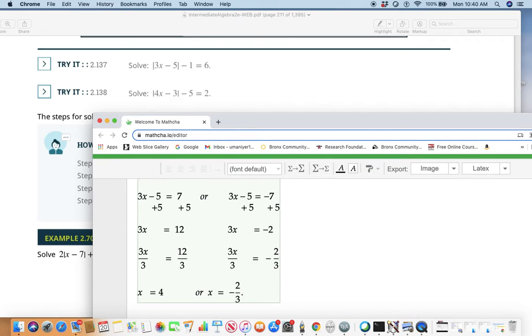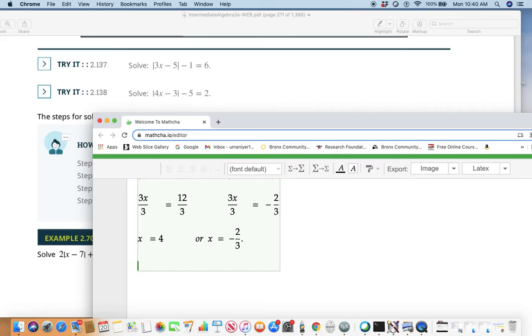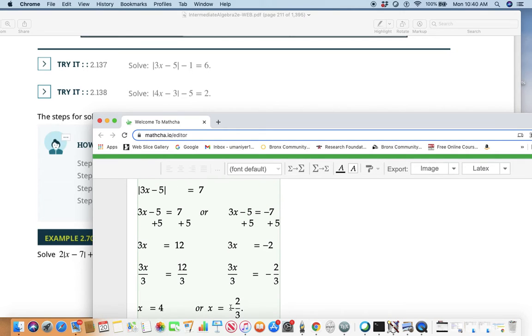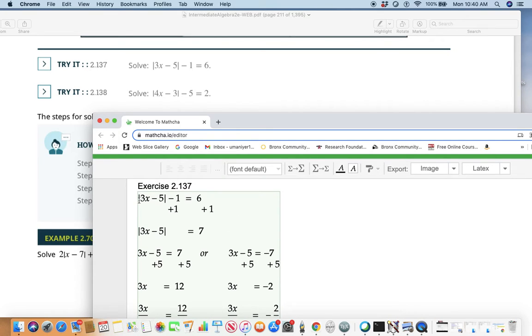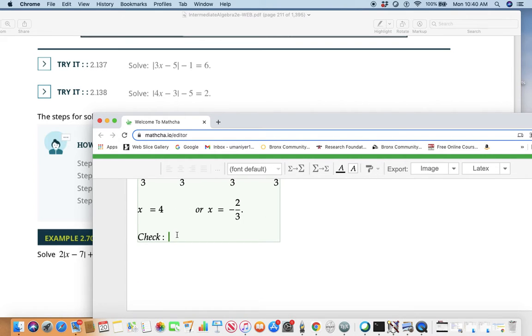At this point, we want to check. Okay, check our equation. So first we are going to check x equals 4.